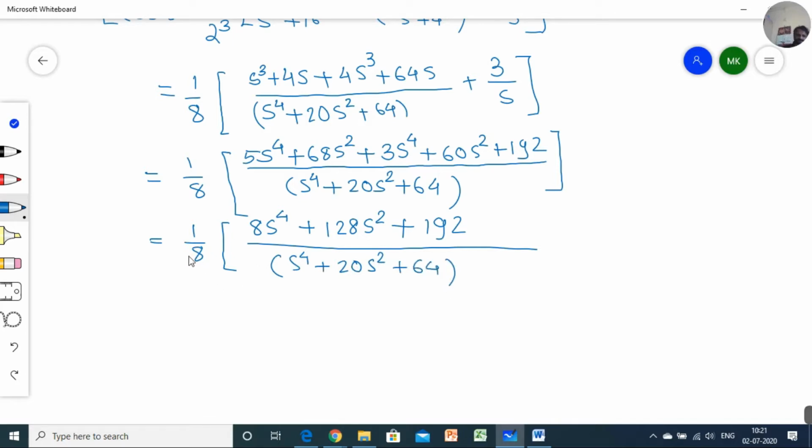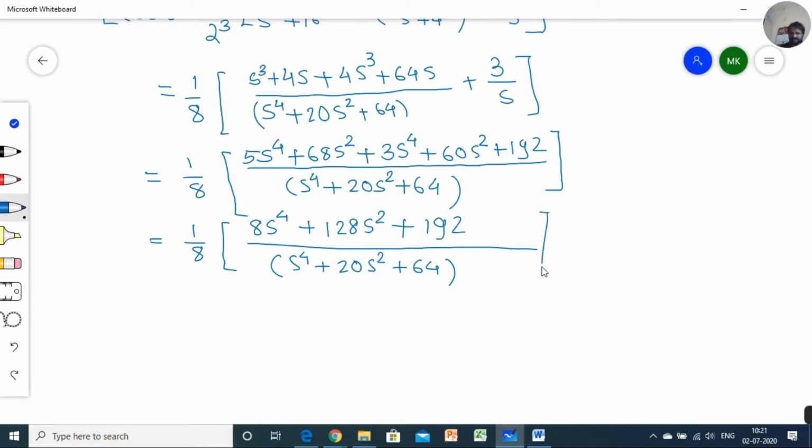Now check whether this 8 is divisible, so 8 gets cancelled. If I apply 128, then it is divisible, 8 ones are 8, remaining is 4, and this part is also divisible, 8 twos are 16, remaining is 3, this is also divisible.